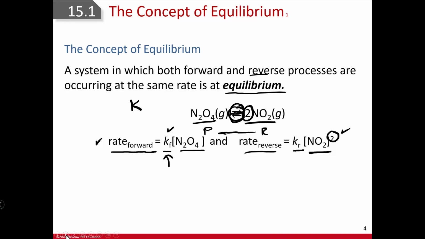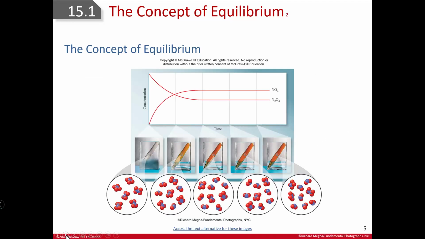All right, so let's put these together and let's look at what this looks like. Again, what we have here is initially this substance. All right, so we saw this in the last chapter, and we have zero product. Okay, so initially we have lots of dinitrogen tetroxide. That's what this is. The nitrogen's the blue, the oxygen are the red.